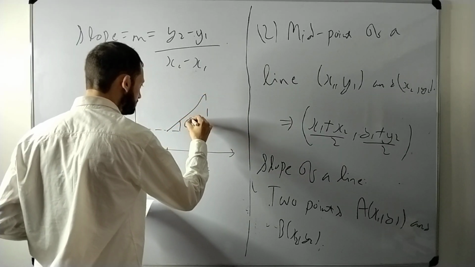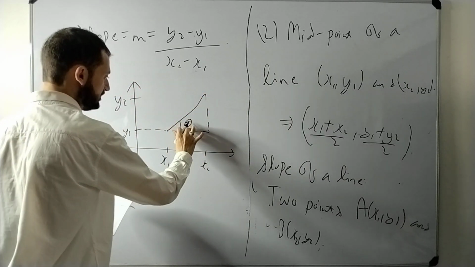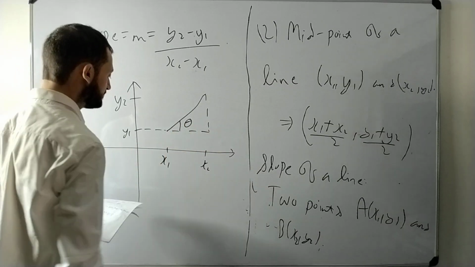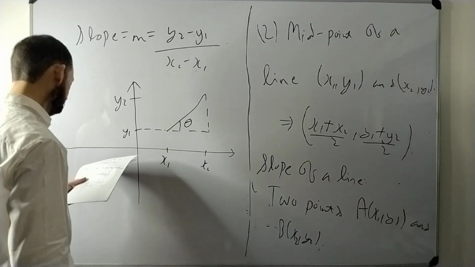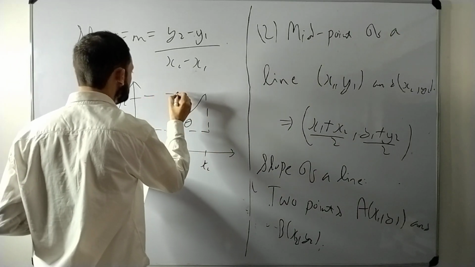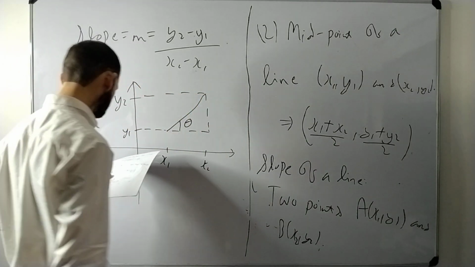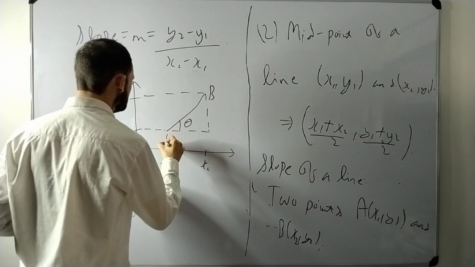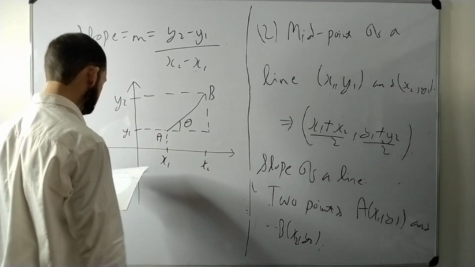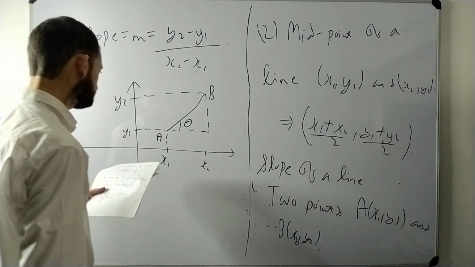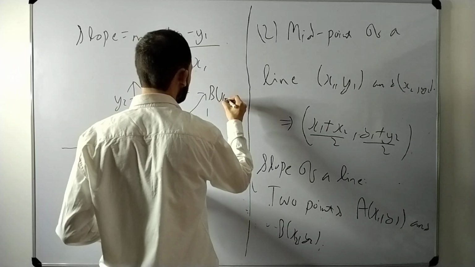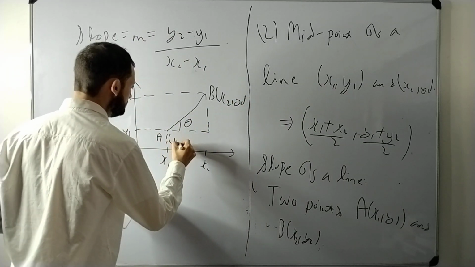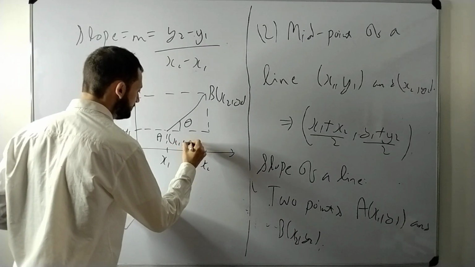This is theta. Actually, this is not slope, this is the angle of the graph. This is B, and this is the A point. So x2, y2, x1, y1.